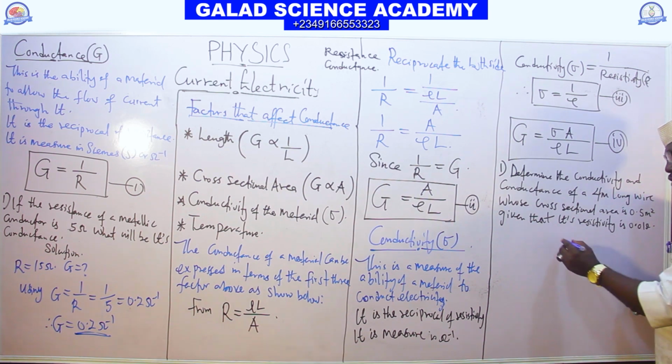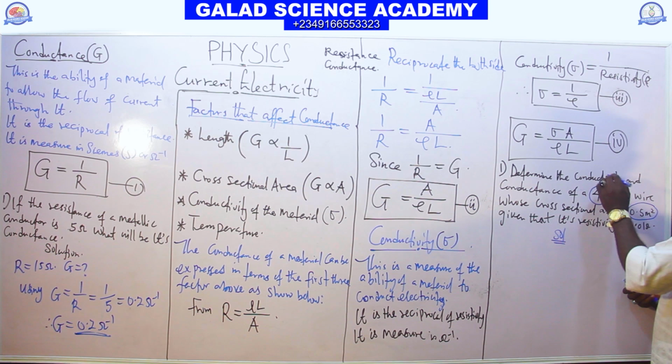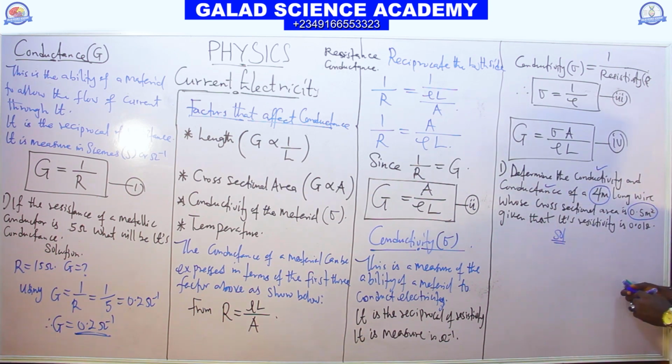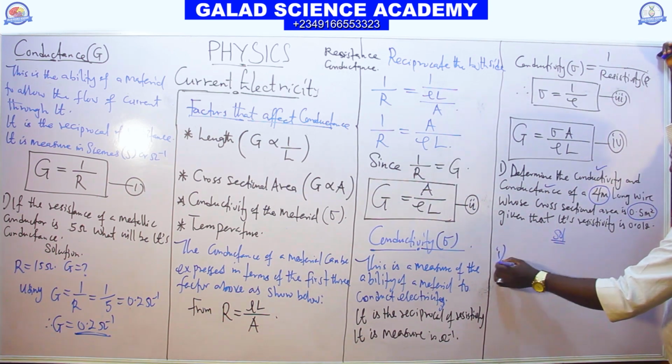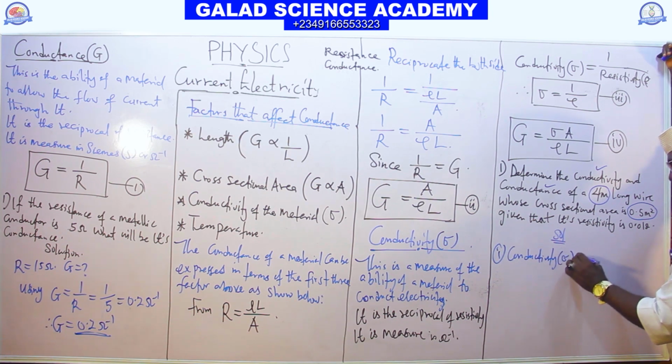So, solution. We are given the length of wire L and the cross-sectional area. We have to find conductivity and conductance. Number 1, what is conductivity? Conductivity sigma is 1 over resistivity.